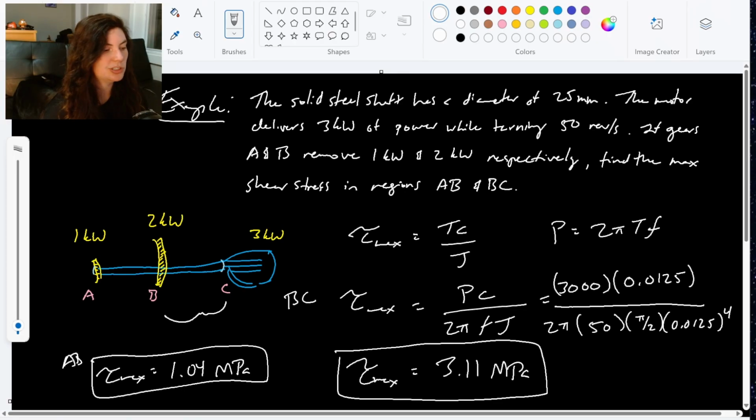Same calculation, just 1,000 watts instead of 3,000 watts. So hopefully you were able to get those answers. Hopefully that was a fairly straightforward problem for you, just combining those two equations we've been working with. And we'll continue to look at torque in the next few videos with the angle of twist and building on some of these torque concepts.